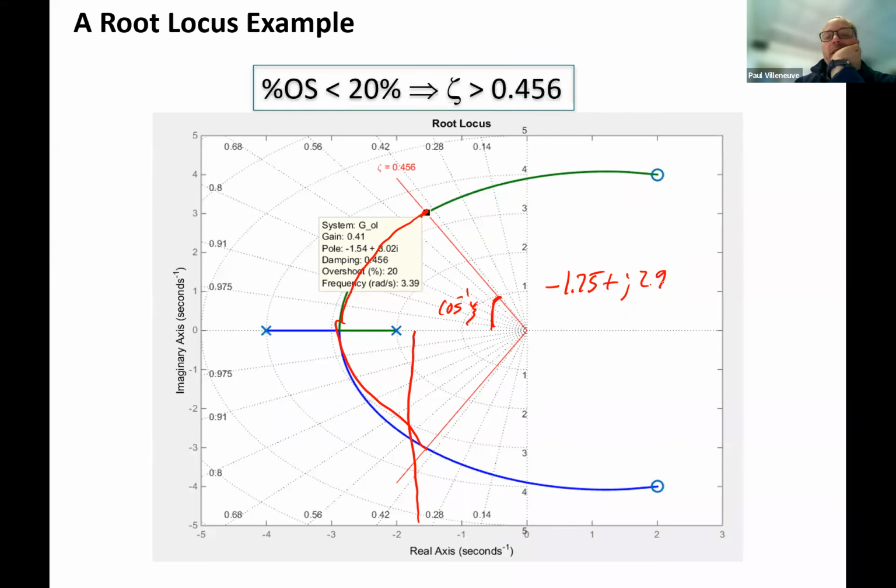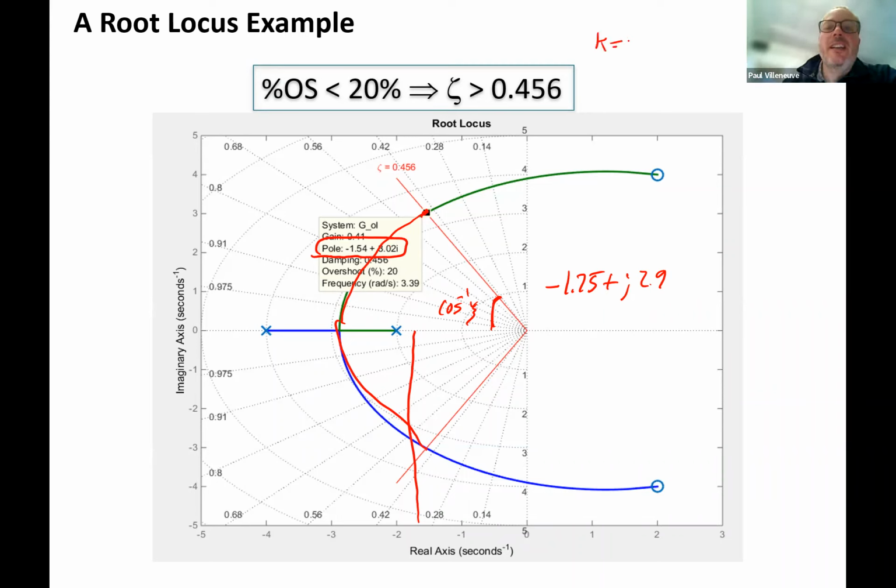You can see you use MATLAB to do the root locus plot. And here is the pole. I said minus 1.75, again I was eyeballing it, plus j2.9. MATLAB has it set this way, and then you can calculate the gain. So here's our pole. Now you go back to your transfer function.